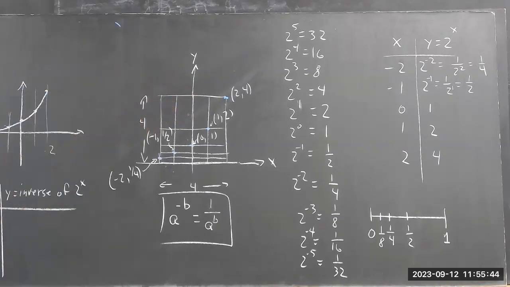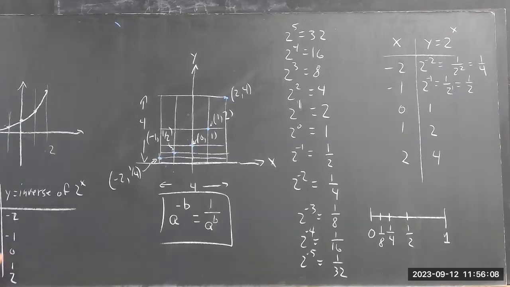If I switch the coordinates, 1/4 goes here, 1/2 goes here, 1 goes here, 2 goes here, and 4 goes here. -2 goes here, -1 goes here, 0, 1, 2.